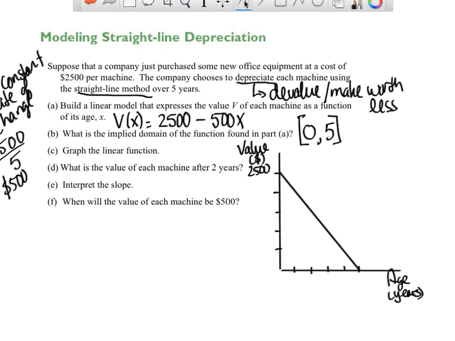Interpret the slope. This is sort of a standard line that you need to learn. So interpret the slope would be for each change of, let's actually look at the number. This says 500.